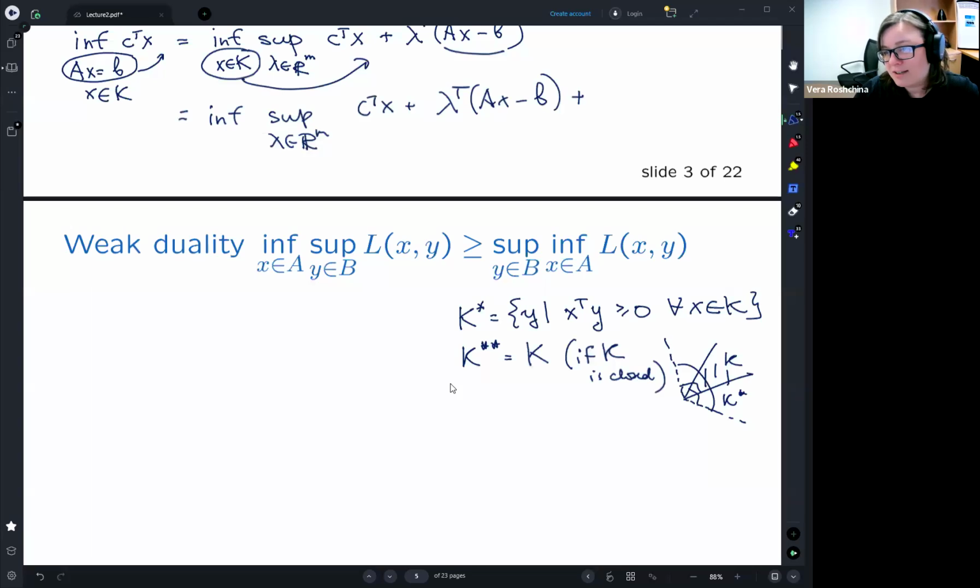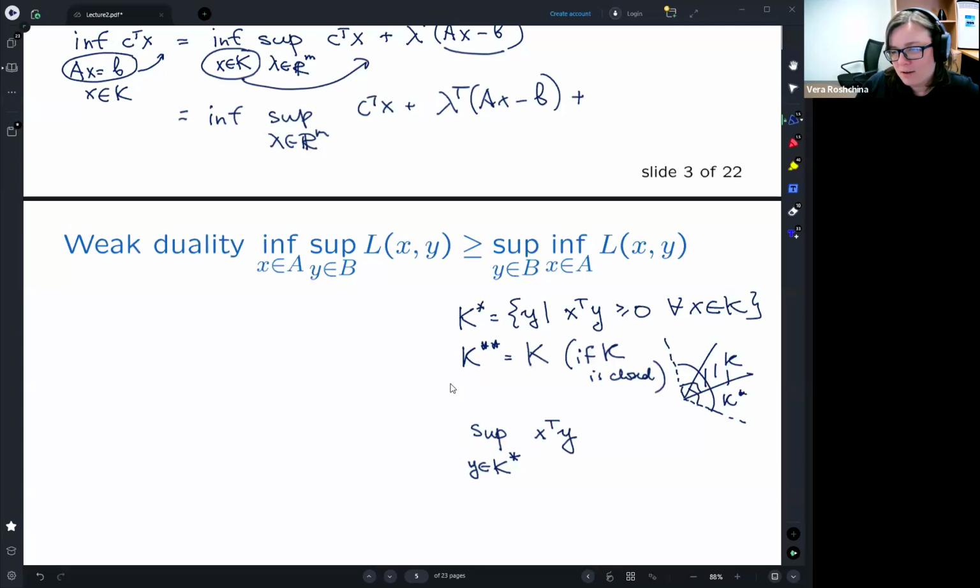So now we can put it in here. How are we going to do it? We're going to observe that now the supremum over somebody in the dual cone, and here we're going to put x transpose y.